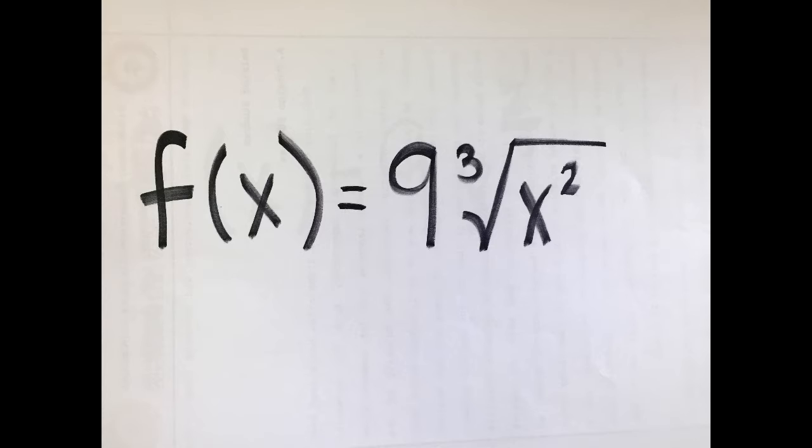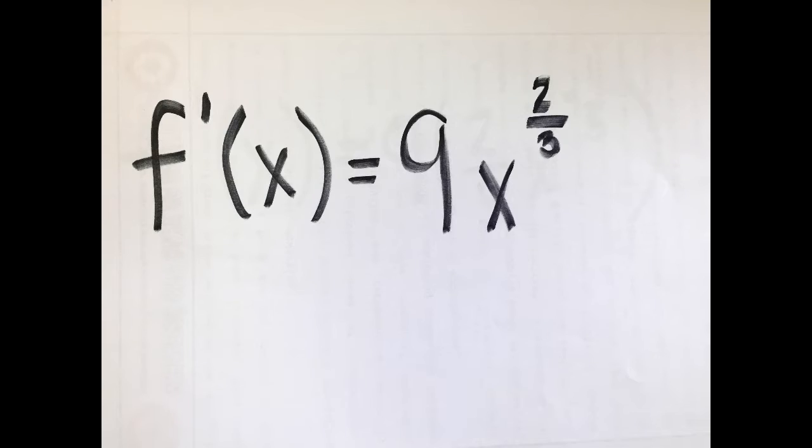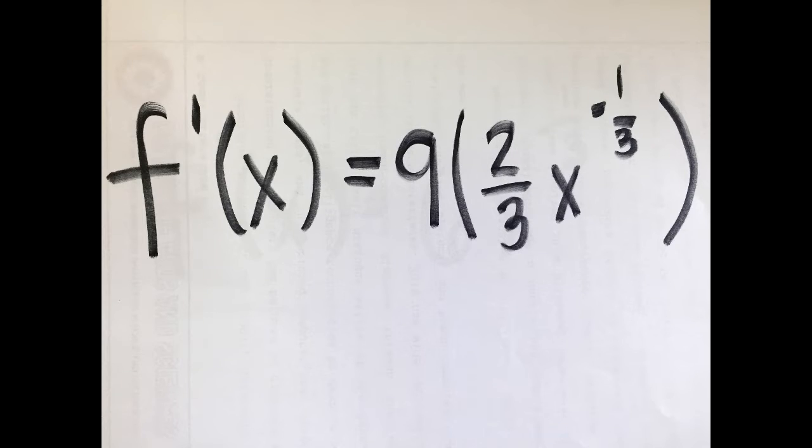In our example, f of x is equal to 9 cube root of x squared. First, we simplify cube root of x squared, which is x raised to 2 over 3. Then, we find the derivative of x raised to 2 over 3, which is 2 over 3 x raised to negative 1 over 3.